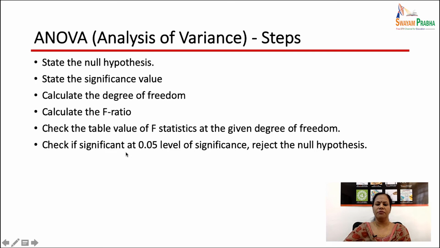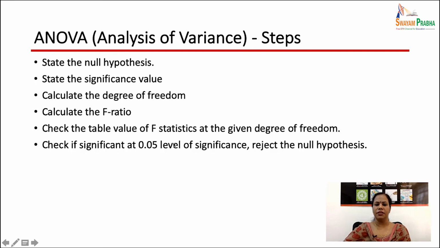So if your value is significant at the 0.05 level of significance, then we will reject the null hypothesis. But if the level of significance is more than 0.05, then we will accept the null hypothesis and reject the alternative hypothesis.